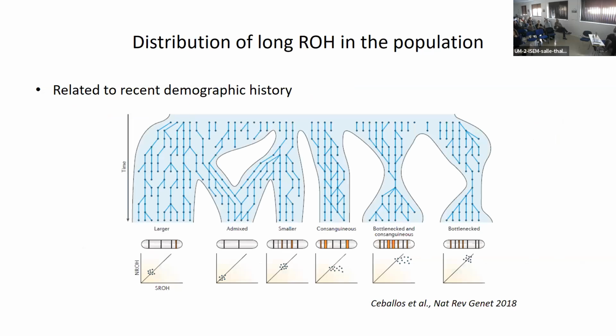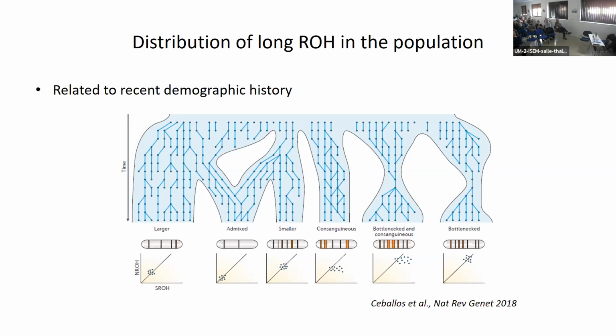Now I move to the population level, and I start with a figure from a review by Ceballos et al. It compares the number of runs of homozygosity and the total length of the runs of homozygosity, and it says that this will reflect the history.